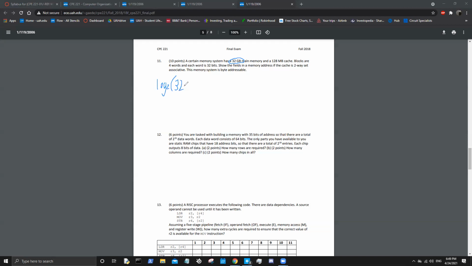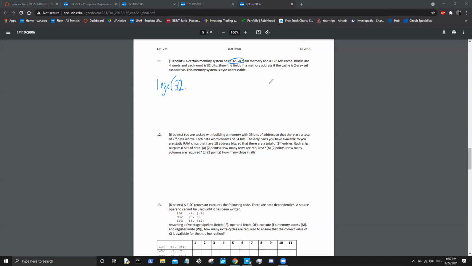Well, here's the thing. 32 isn't the number, obviously, because that's not going to work quite right. So you need to do log 2 of 32 gigabytes. So in powers of 2, a gigabyte is represented as what is it? It's not 2 to the 18th, is it? What's the rule? How many numbers is this?